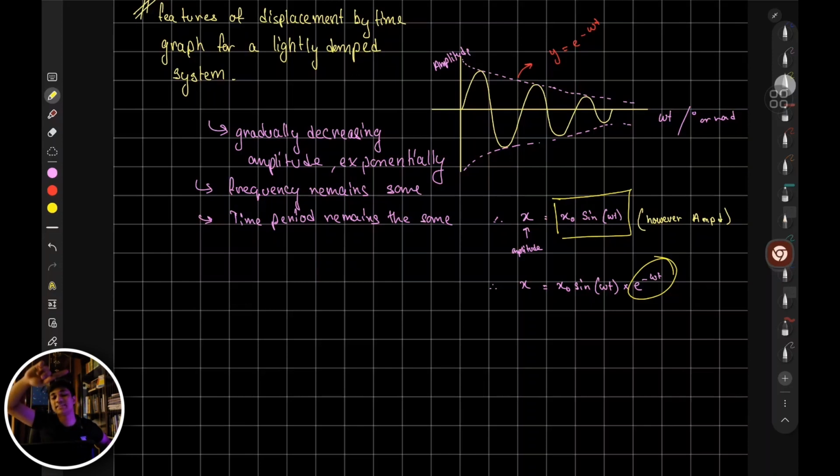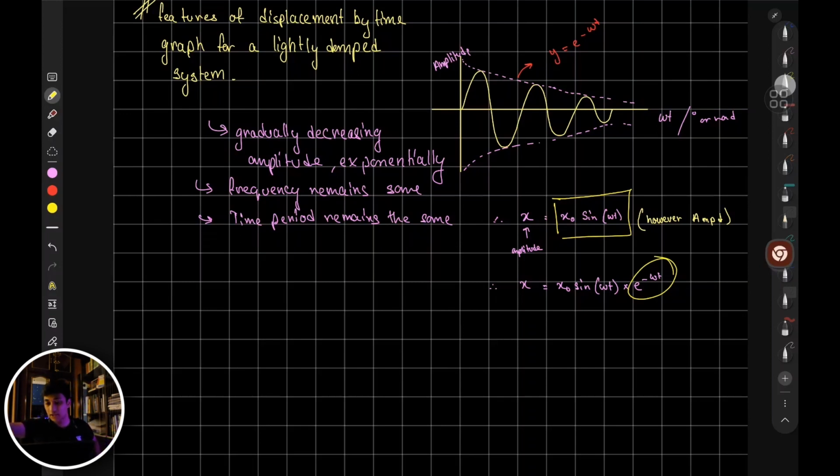So your displacement is going to decrease as you go forward in time. The more time you give it, your displacement is going to decrease and your amplitude is going to decrease.